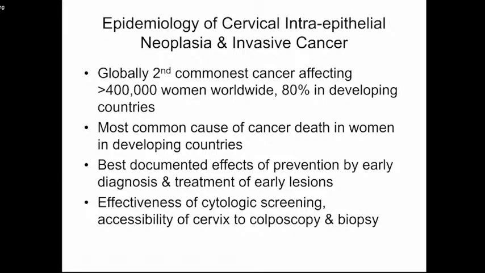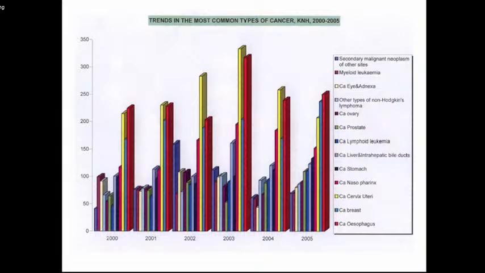vaccines. So this is a chart I got quite a while ago from the K&H Medical Records Department, and I need to ask them to give me an updated version. But at that time, if you look at cancer of the cervix, these were their documented cancer cases.